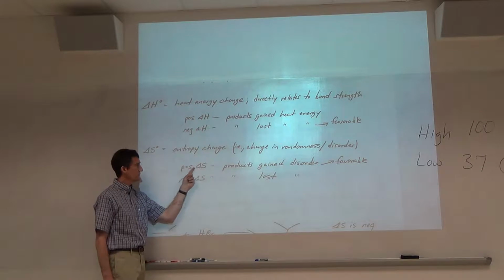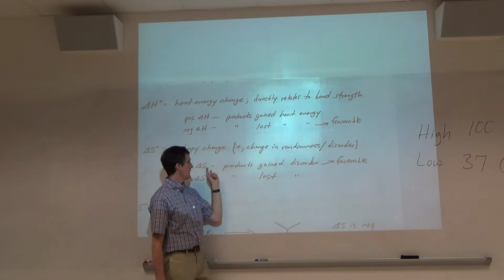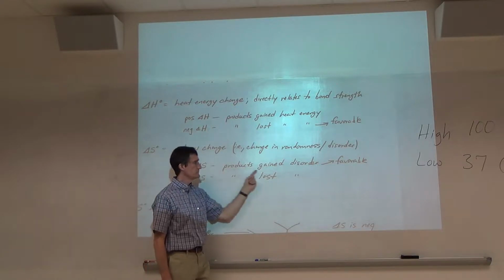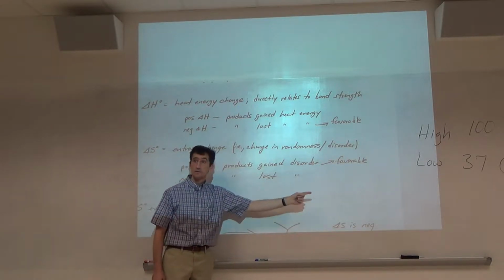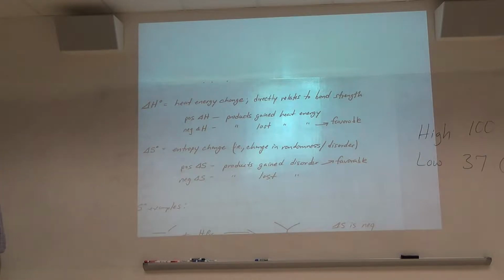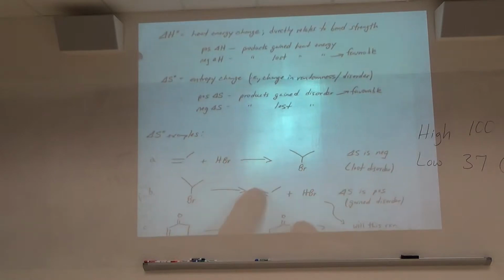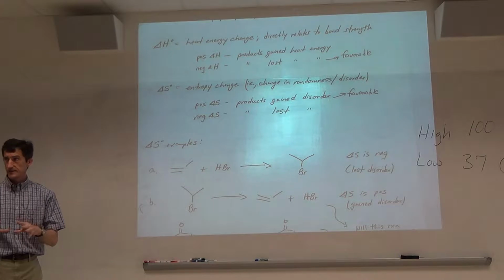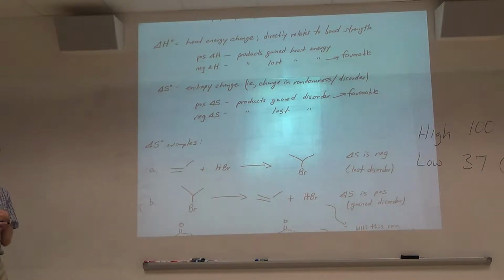What does positive entropy mean? Positive means that the system's gaining something. What's it gaining? It's gaining disorder. So you know your entropy terms, what positive and negative means, right? Learn all that in Gen Chem. Now when we do entropy, we will not do calculations. We will just qualitatively assess it, not quantitative.